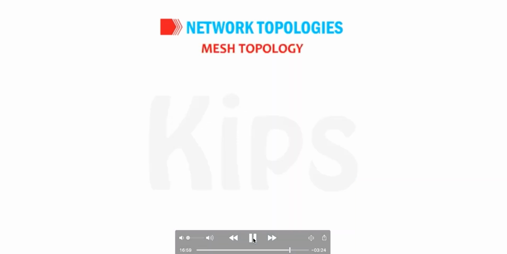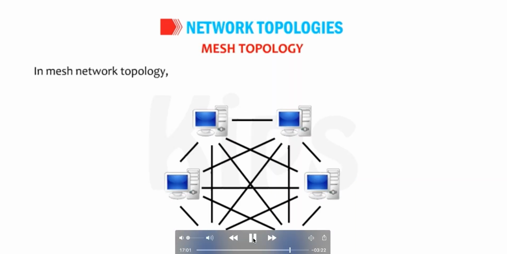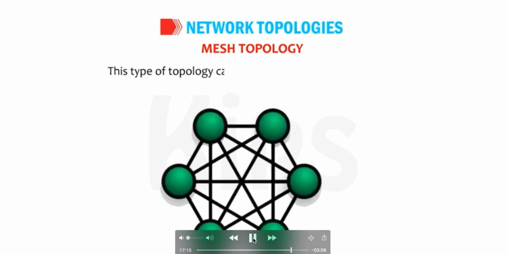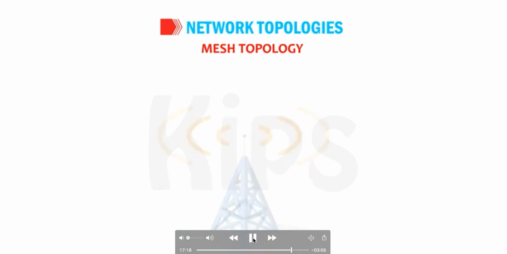In this topology, each node is connected to every other node in the network. Every node not only sends its own signal but also relays the data from other nodes. This type of topology can handle a large volume of traffic.